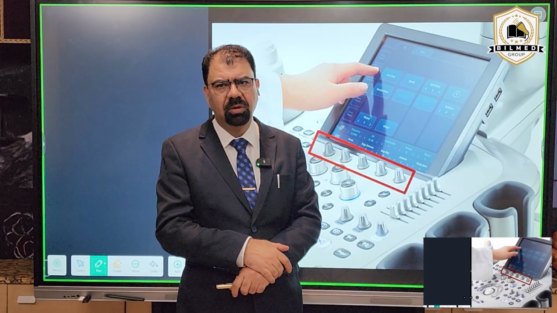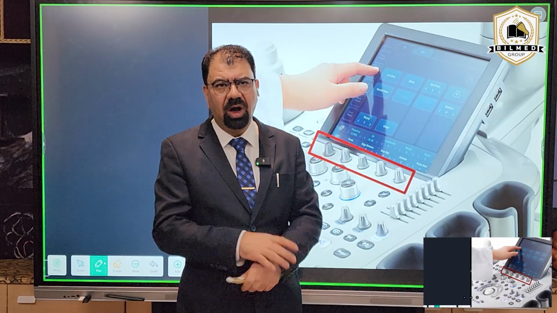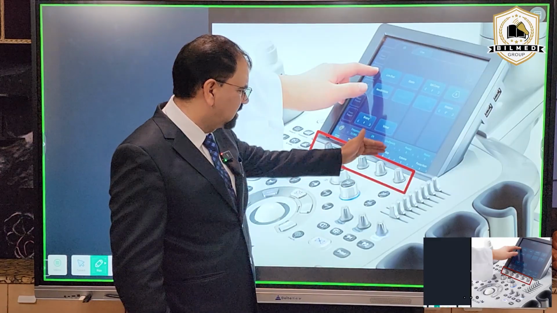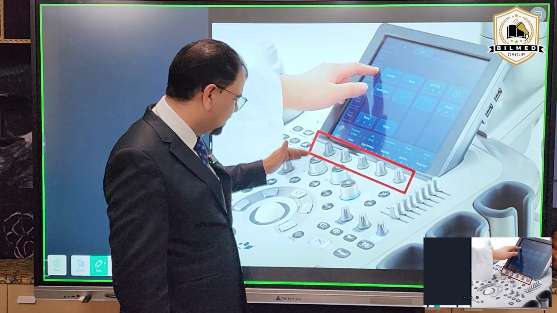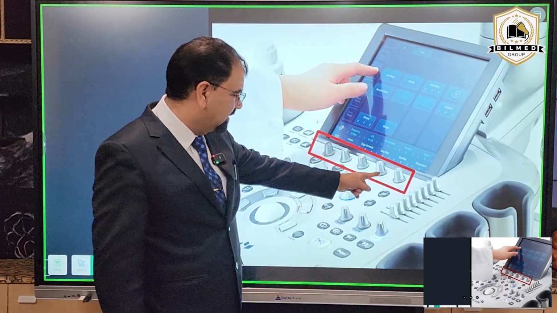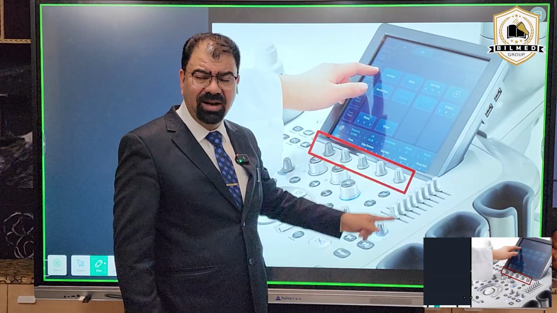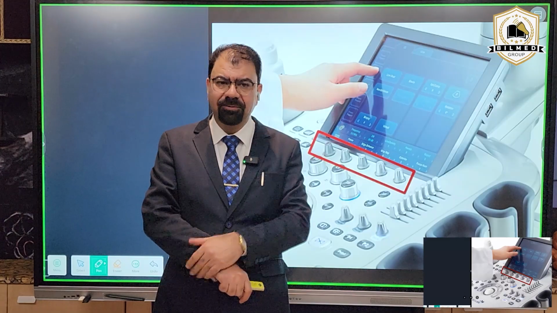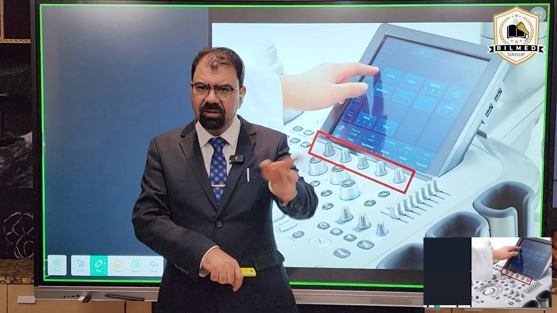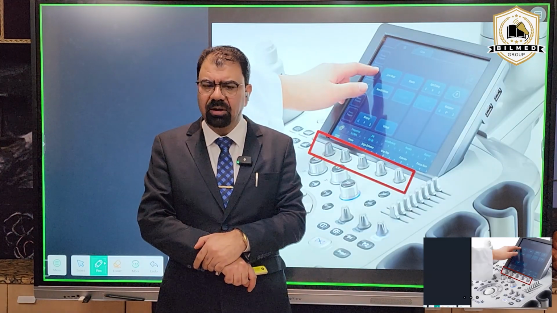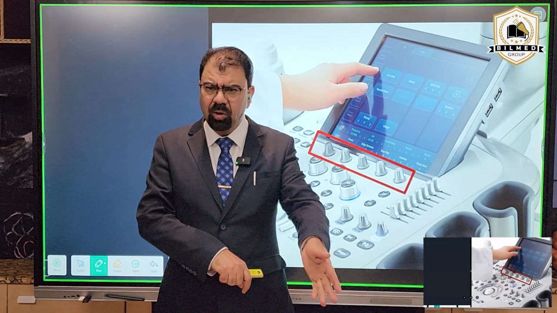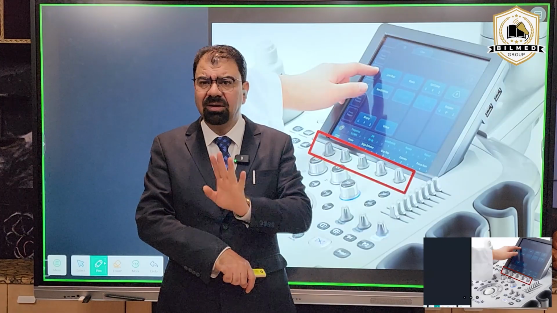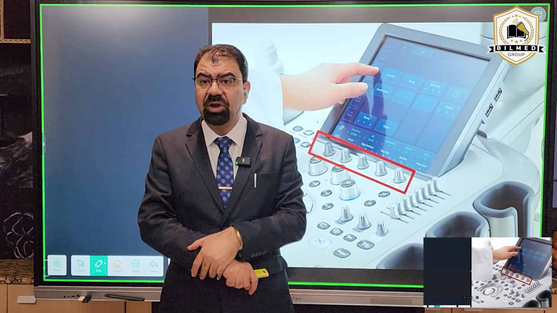Yes, sir, I have, but I am not getting it now. This is the control panel over here, where there are 5 knobs, and nothing is written what these knobs are for. If you are not able to recall, you will go to your machine tomorrow or after the completion of the session. There are 5-6 knobs where nothing is written.